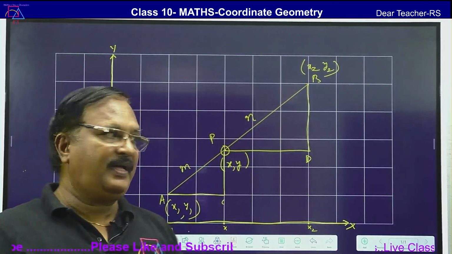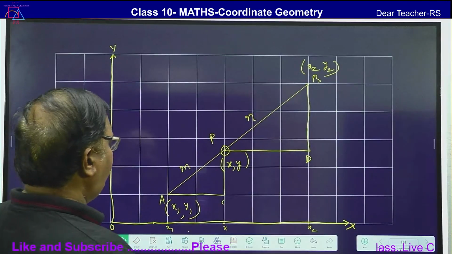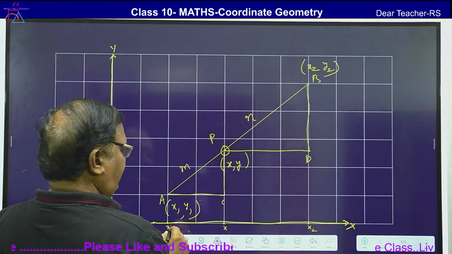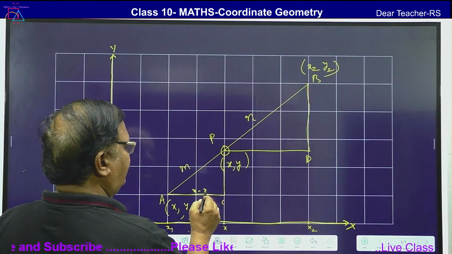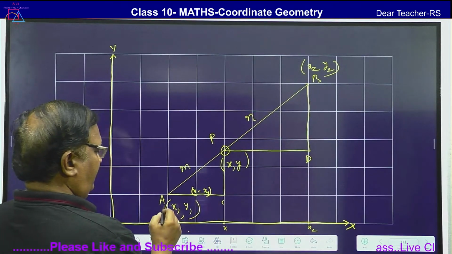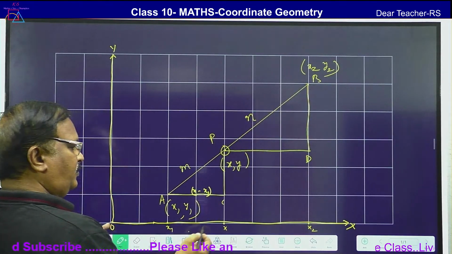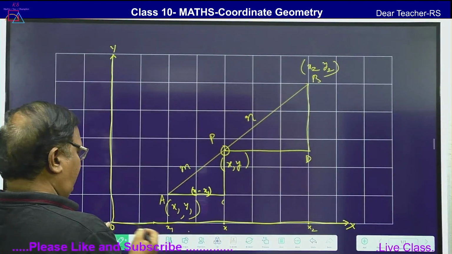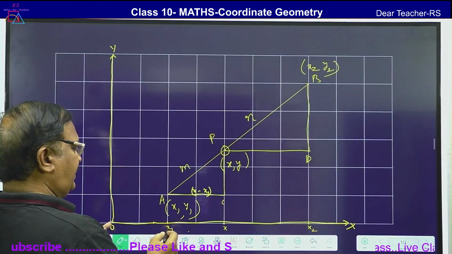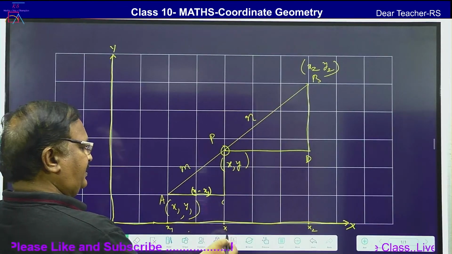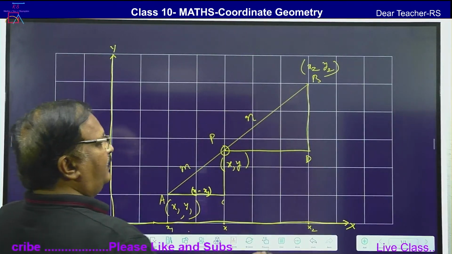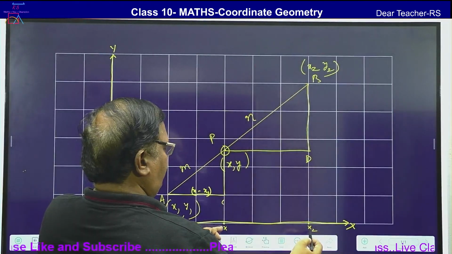Now let us find out AC. AC is x minus x1, because from the origin to this is x, and from the origin to A is x1. Now this one is x2 minus x.